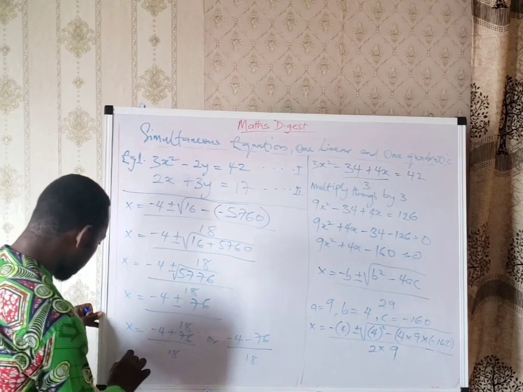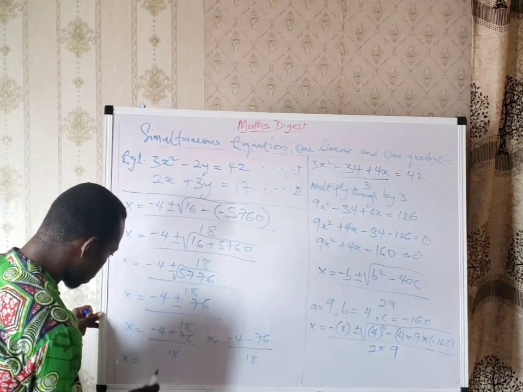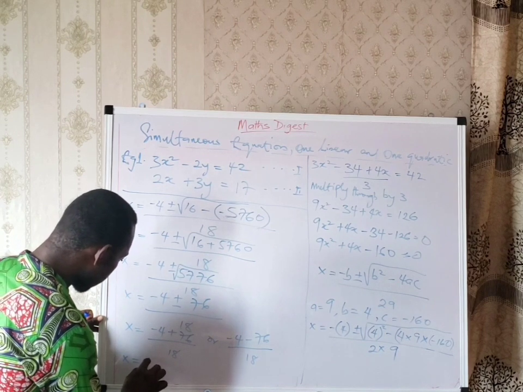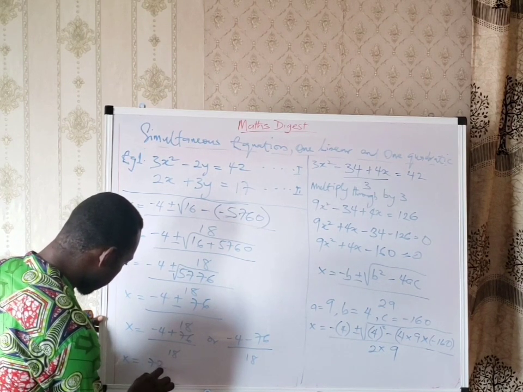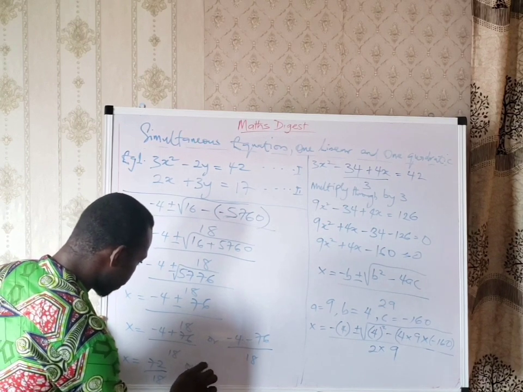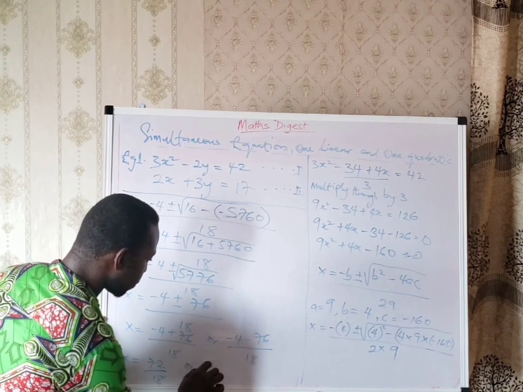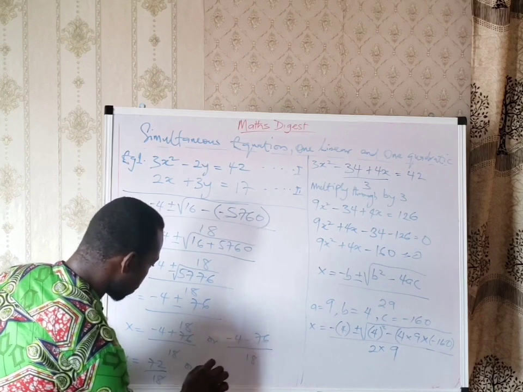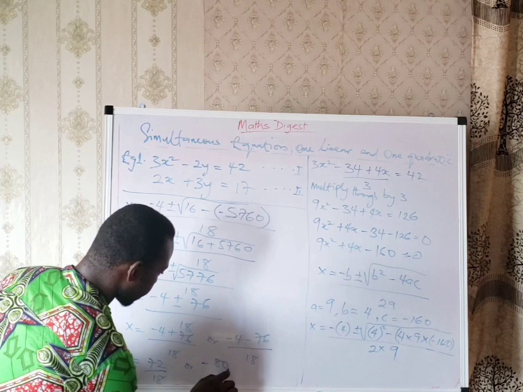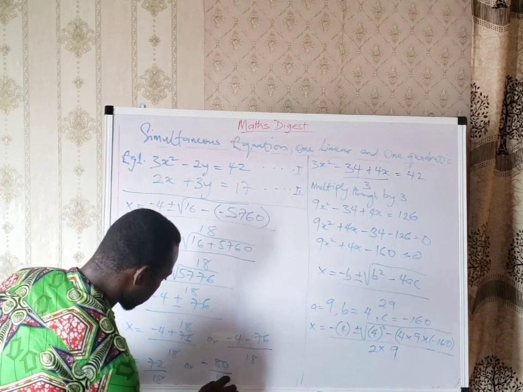Quickly, if we say x is equal to this plus this, it will give you 72 over 18, or we have this minus this, which will give you minus 80 over 18.